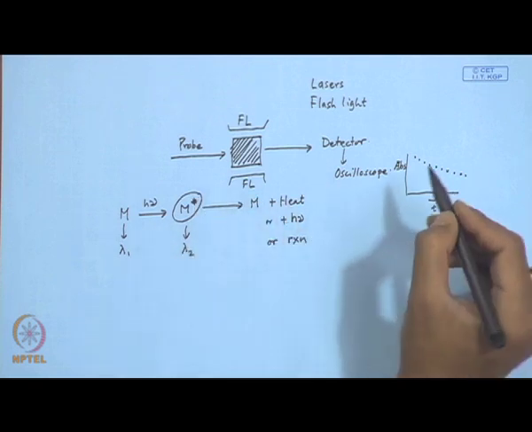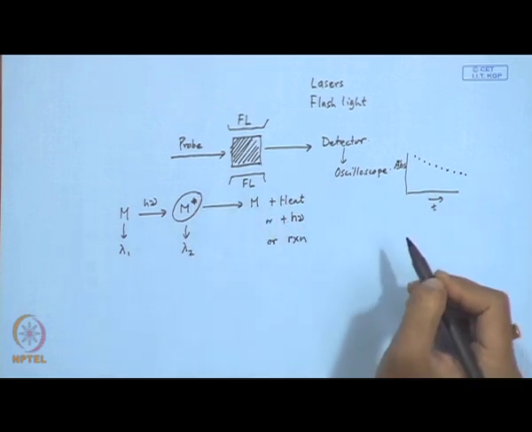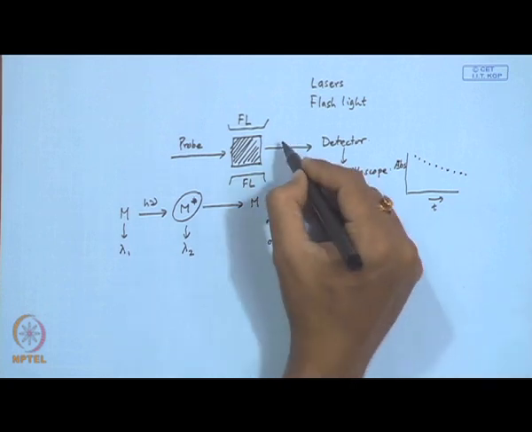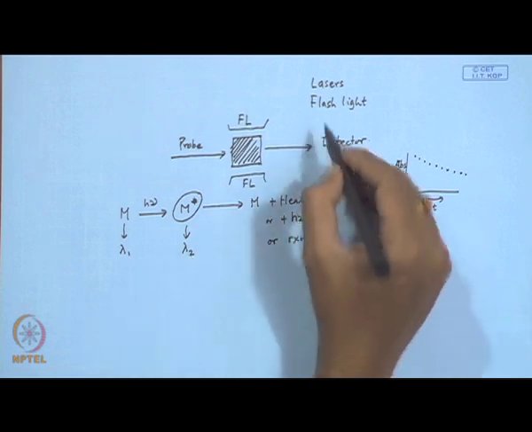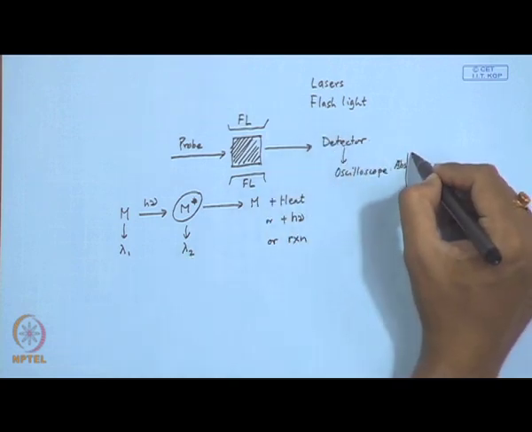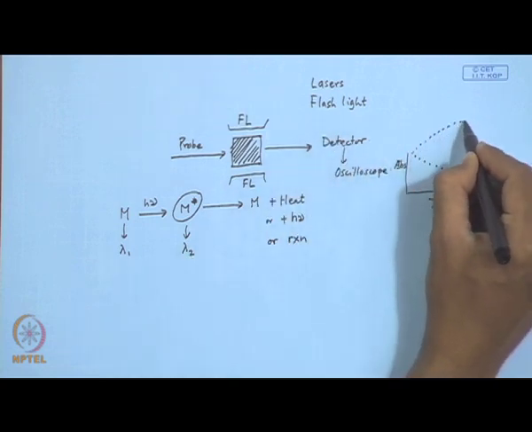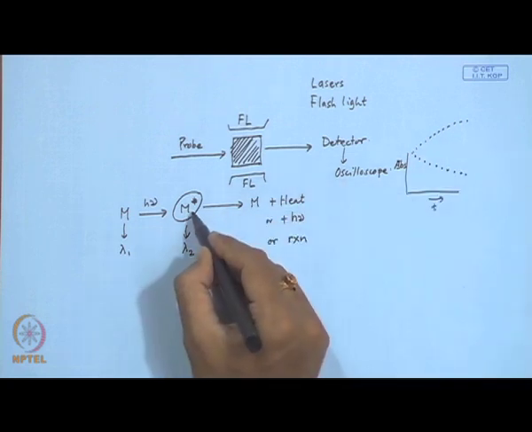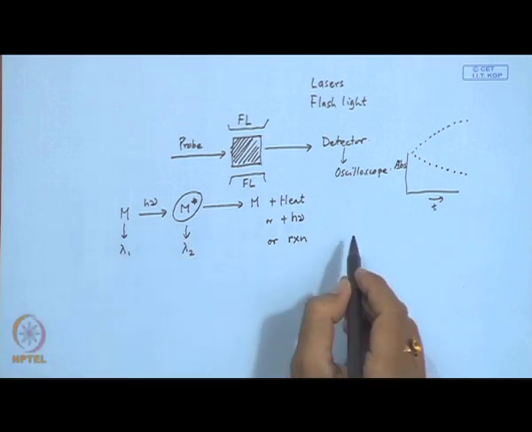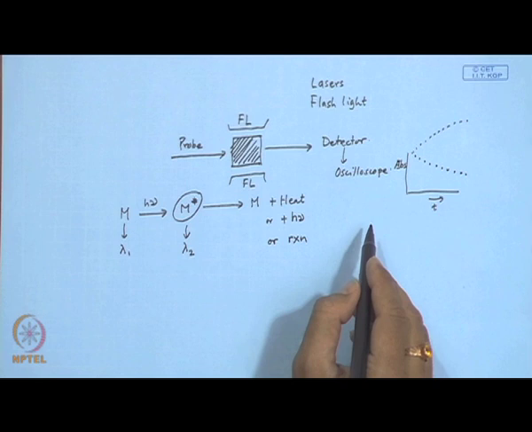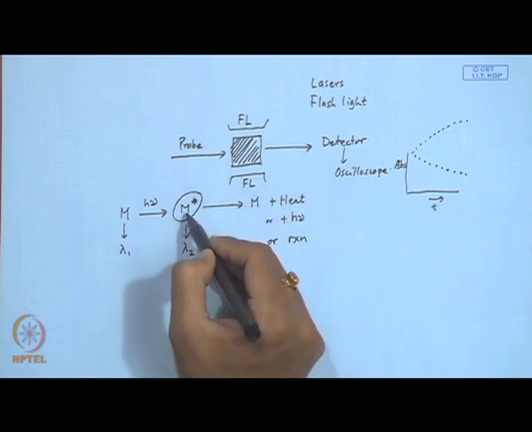Therefore, if you simply record the intensity of the emergent probe light at a given wavelength lambda 2, you will have a rising trend of your intensity, because this absorbing species is decaying with time. This way we can follow the concentration of M star.